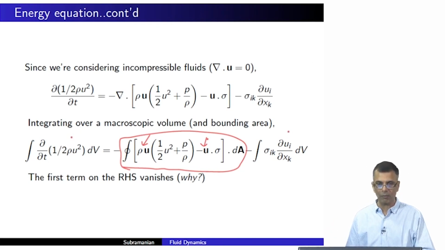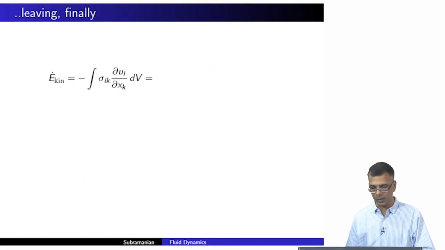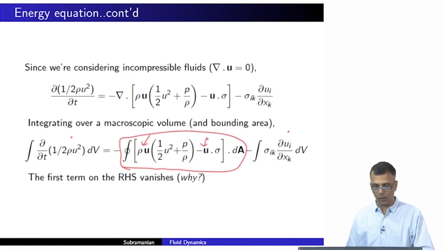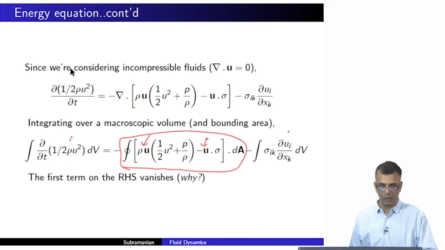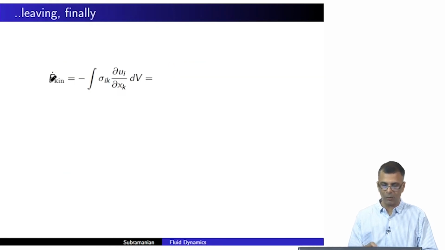That's pretty nifty, and that simplifies my life greatly. Therefore, what I finally have is E dot kinetic, this is kinetic energy density, isn't it? And E dot kinetic, in other words, the time derivative of the kinetic energy density, is equal to this quantity integrated over volume.